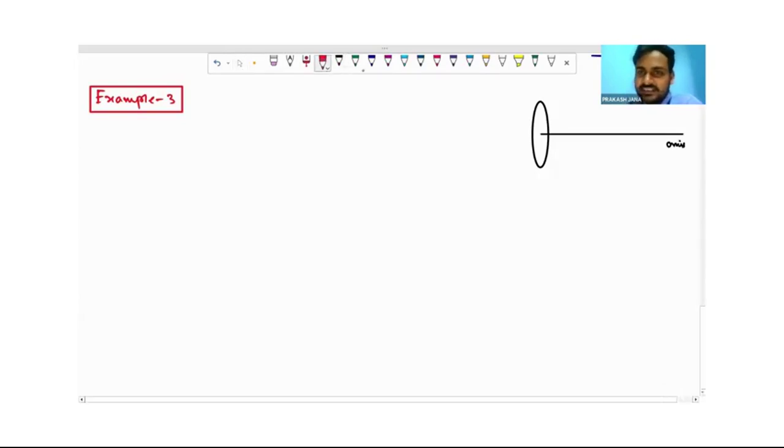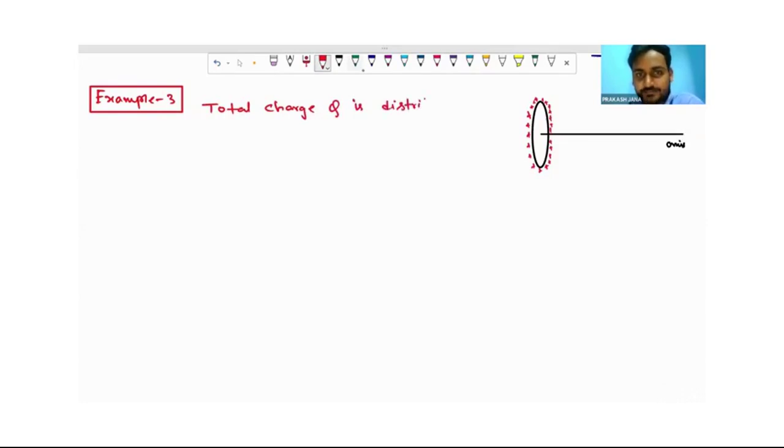Okay. And definitely charges are distributed. Now I will not mention whether it is uniformly or not uniformly, because here there is nothing about the direction. So it depends on the total charge and the distance. So I am writing: total charge q is distributed on the circumference of a circle.